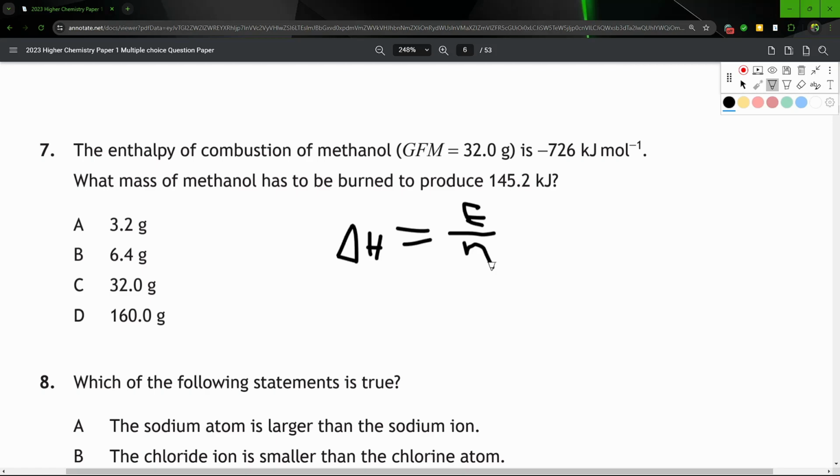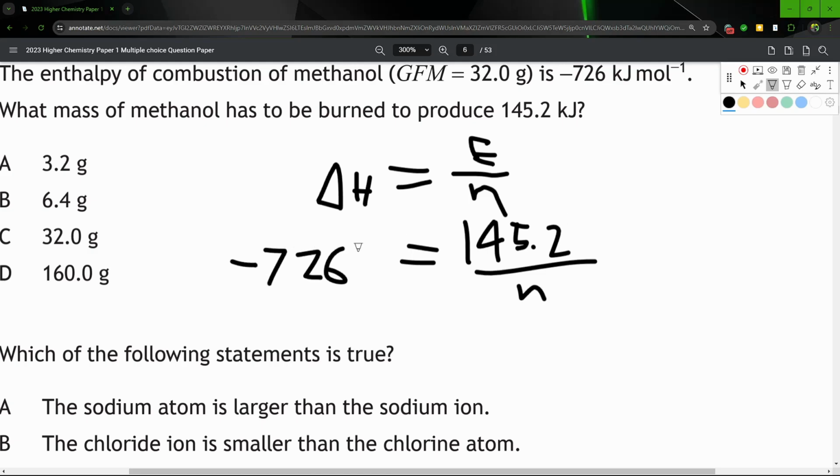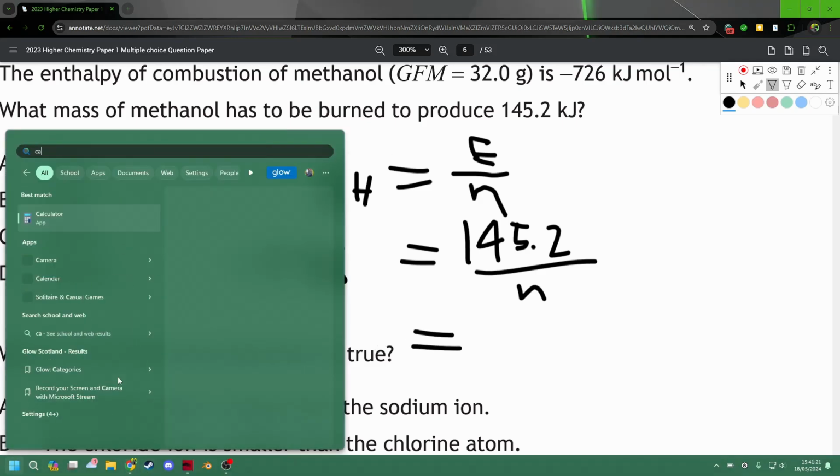So we want to calculate the number of moles, because then we can use it to calculate the mass. So we're going to plug in some numbers here. So it'll be 145.2 over n, and then the enthalpy change is negative 726. And we won't worry about the minus signs too much. I'll go to open my calculator.